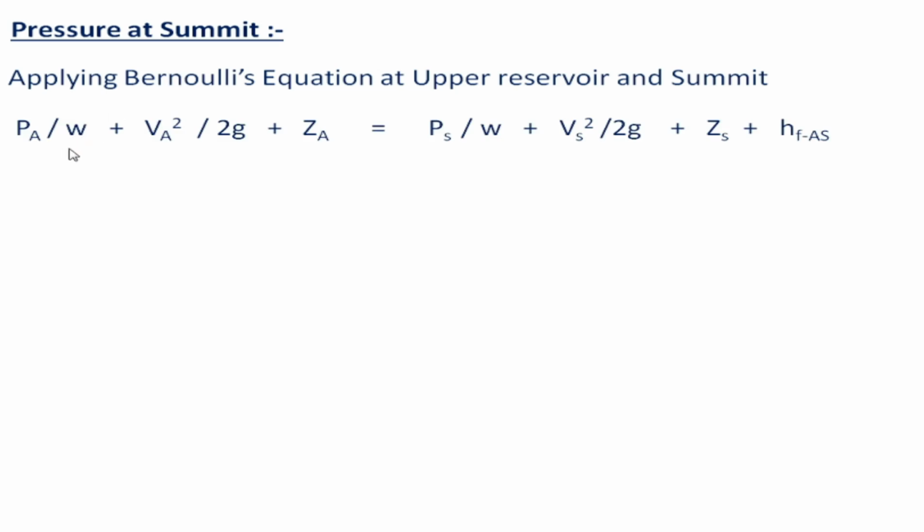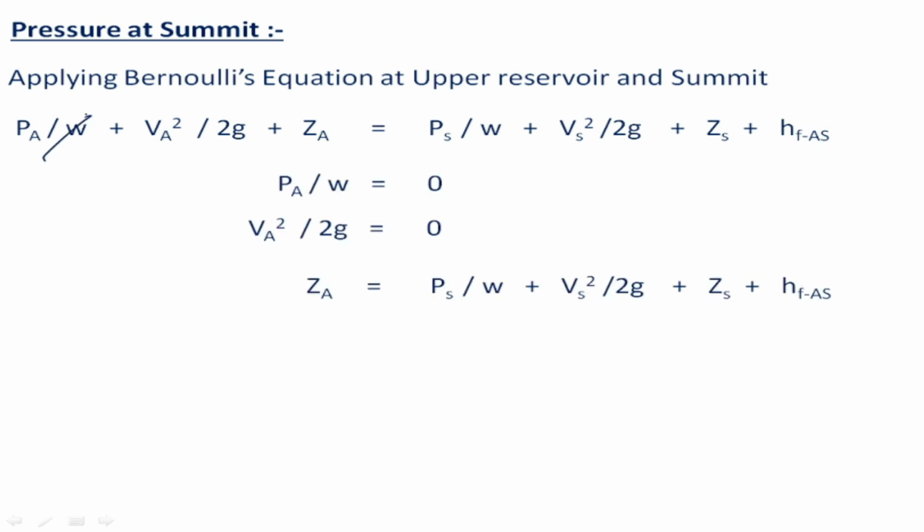For this, apply the Bernoulli's equation in between the upper level water reservoir and summit. Write the equation: sum of the pressure head, velocity head and datum head with respect to upper level water reservoir is equal to pressure head plus velocity head plus datum head plus loss of head due to friction in between upper level water reservoir and summit point.